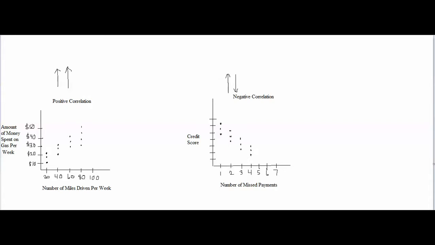Now let's imagine that we were asking people for their shoe sizes and their IQs. We were doing a survey on shoe size and IQ. So maybe we'll put shoe size on the x-axis when we create the scatter plot, and we'll put IQ on the y-axis.